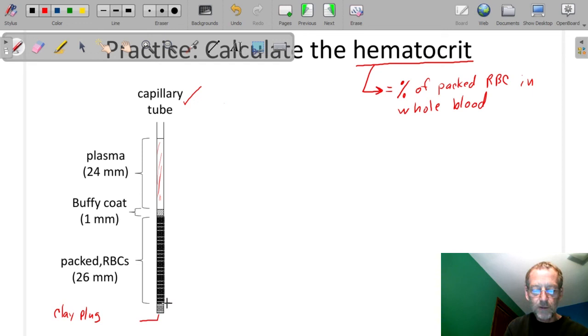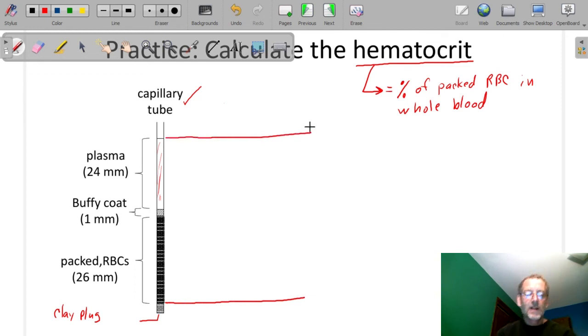So you would take a ruler. One way of doing this is to just take a ruler, and you're going to measure the height of your column of liquid. This was the same height as your column of blood. And then you're going to also measure the height of the red blood cells.